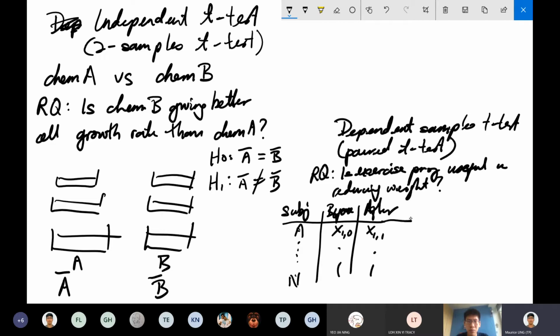So after that, what you want to find out is a difference. And then your null hypothesis is the exercise program does not reduce weight, so the average of your difference is 0. That means there's no difference. Okay, alternate hypothesis means there's a difference.